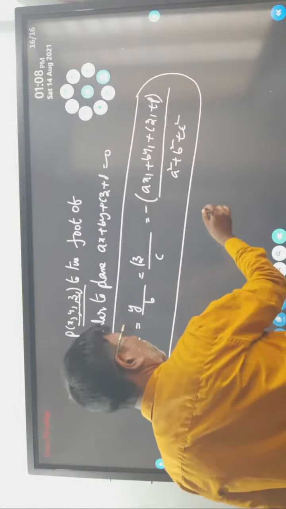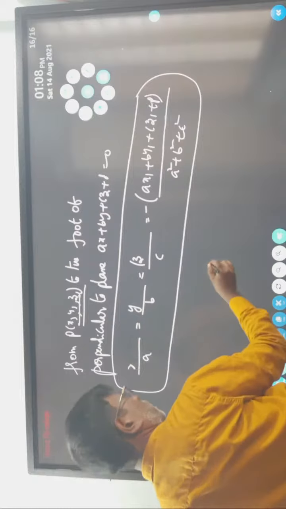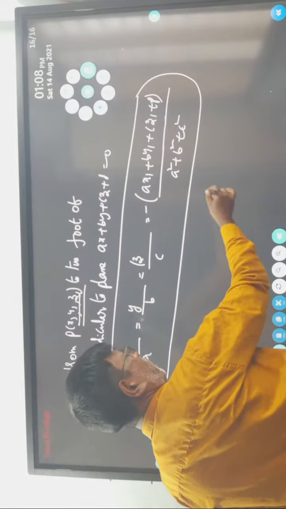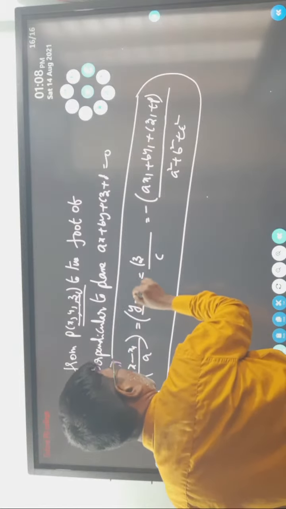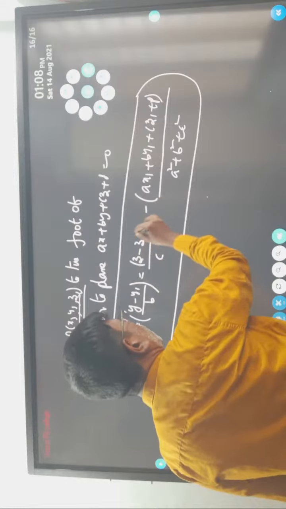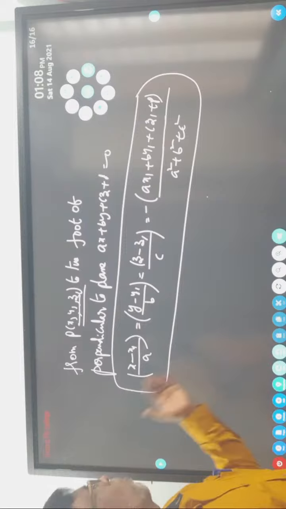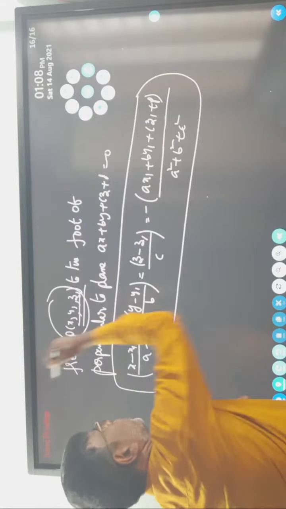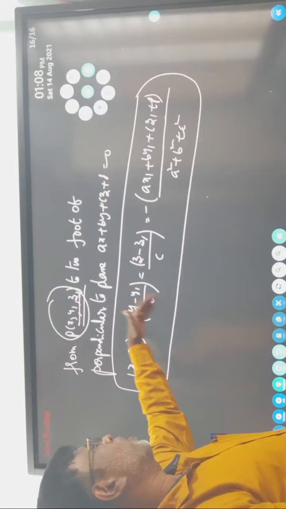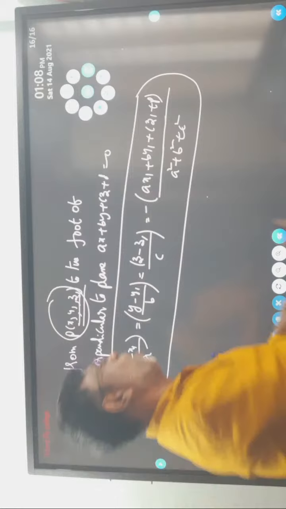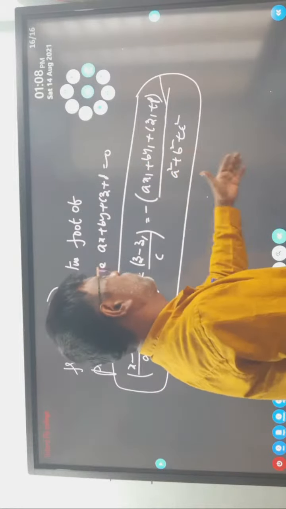This is the foot of perpendicular formula.